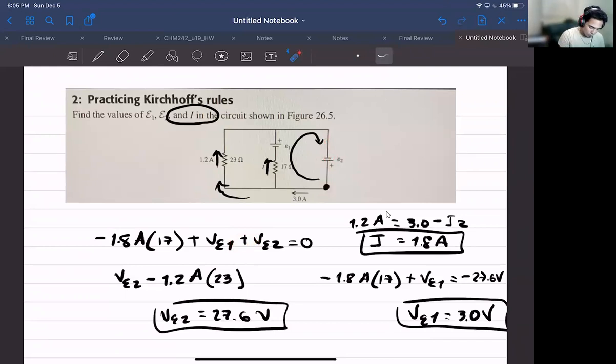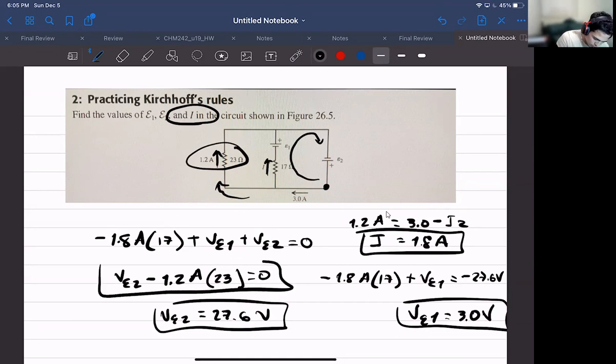But then if we look at the outer loop of the circuit and start from this point, we get a positive. We start from here, we're gaining potential, so we start with V2. We continue, we don't have any resistance until this side right here, in which we lose, and this is going to be the current times the resistance, so 1.2 times the 23 ohms, right?